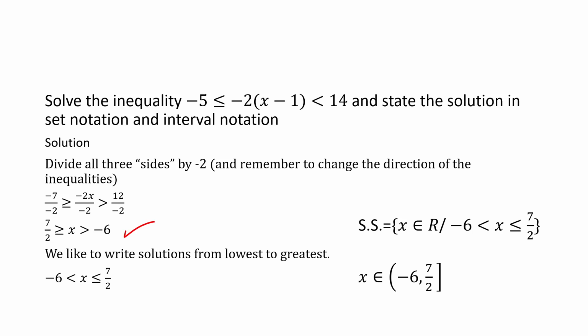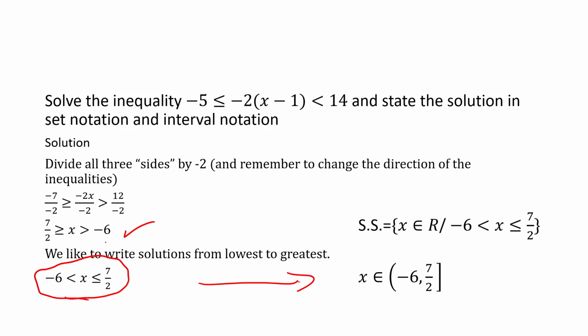But we like to write our solutions from lowest to greatest. So we change the direction, and instead of saying 7/2 greater than or equal to x greater than -6, we say -6 less than x less than or equal to 7/2. And that allows us to state our interval notation properly.